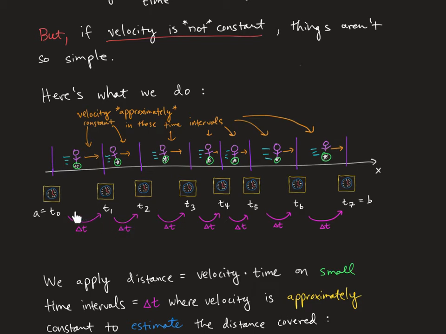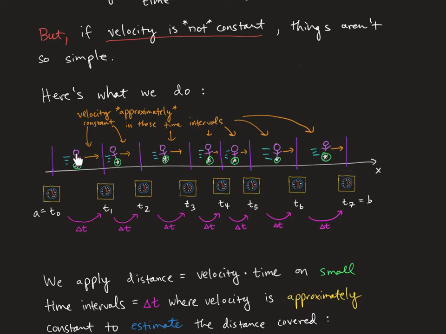So again, the situation is this. I have this longer journey where my velocity has ups and downs, not so constant. I divide that into smaller journeys of the same time. So I look at this smaller journey here, this smaller journey here, and in each of those journeys, the velocity is basically constant. It's a lot more uniform than it was over the full time interval.